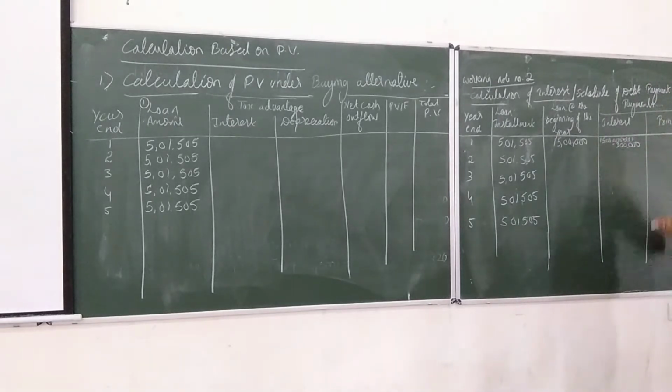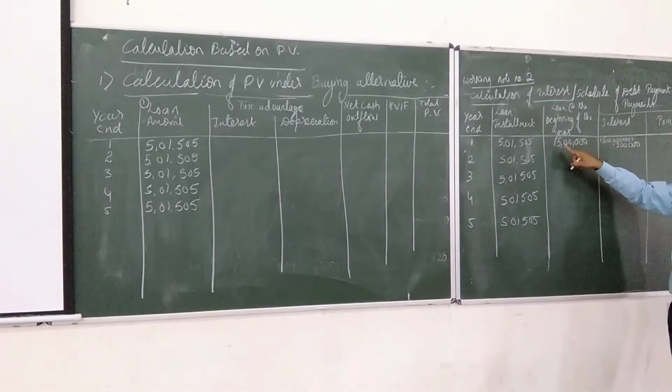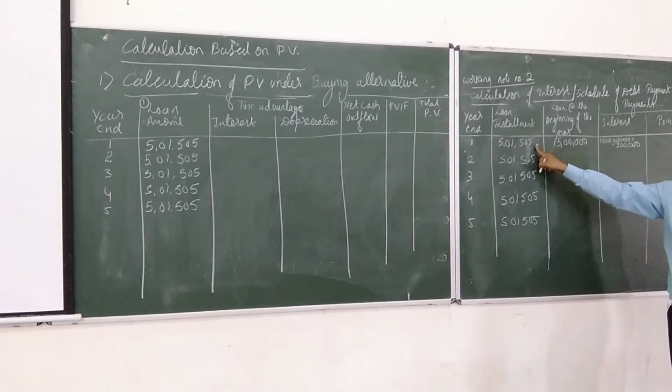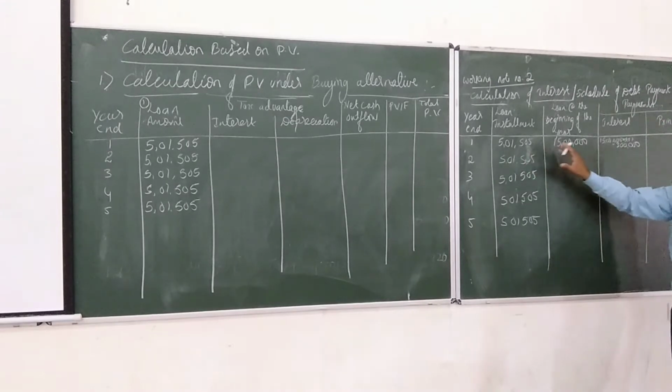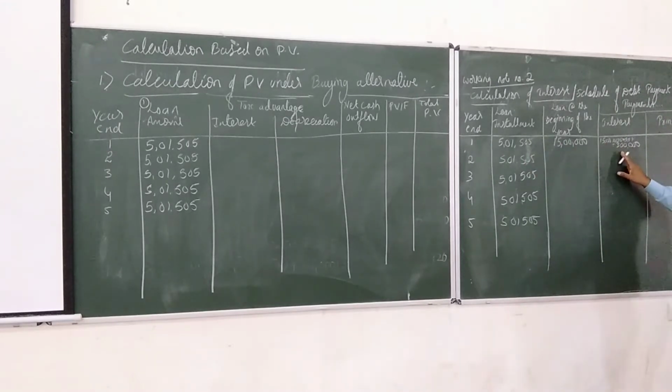So out of 5 lakh 1,505, every year's installment, how much are we paying towards interest? 3 lakh.